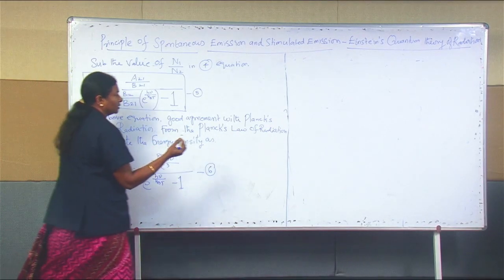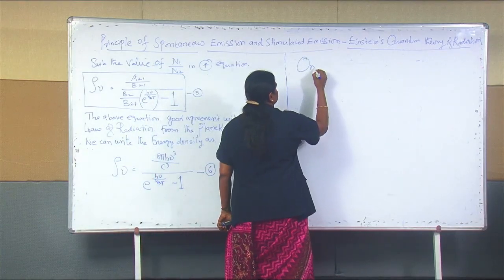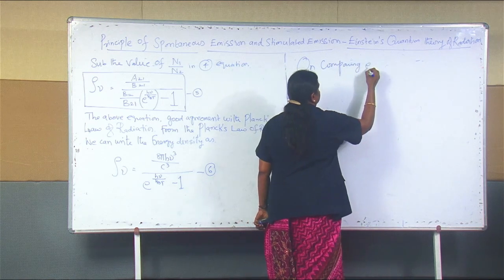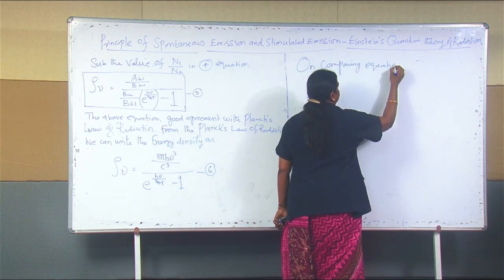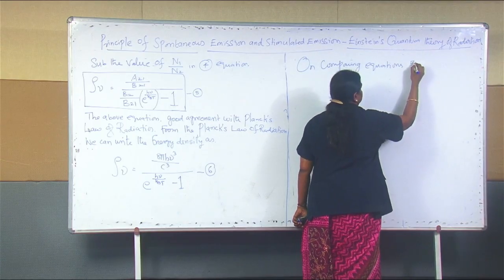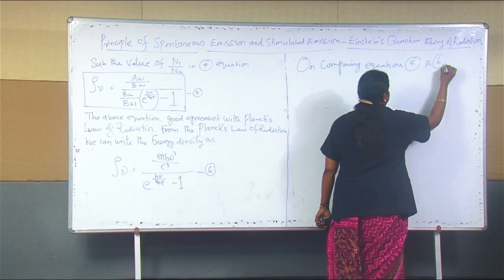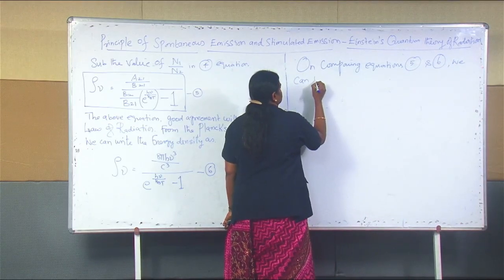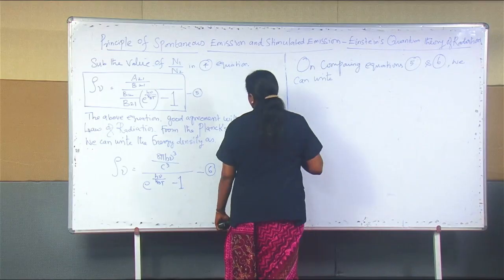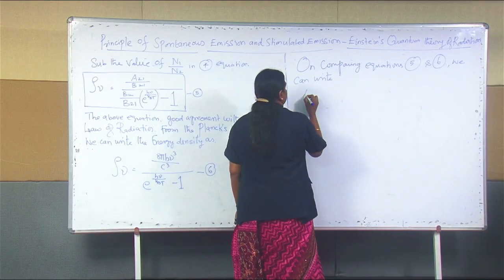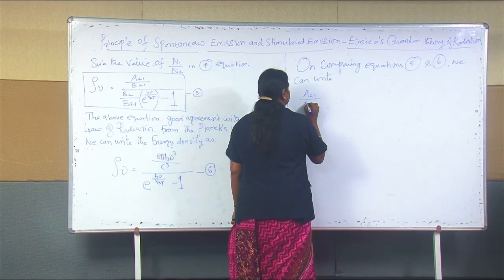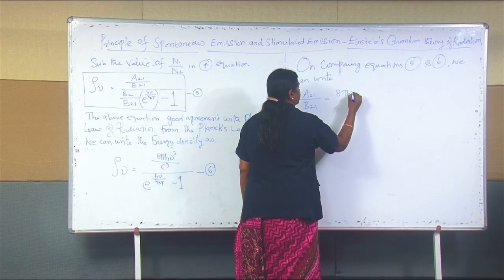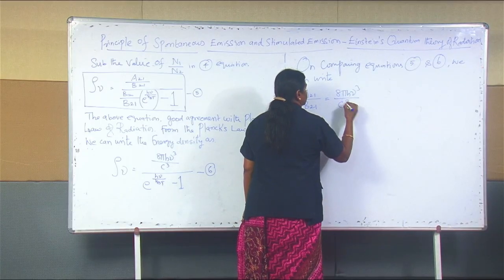On comparing equations 5 and 6, we can write, what about the numerator? We have A21 by B21, which is equal to 8 pi h nu cube by c cube.